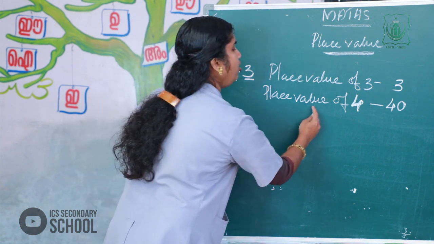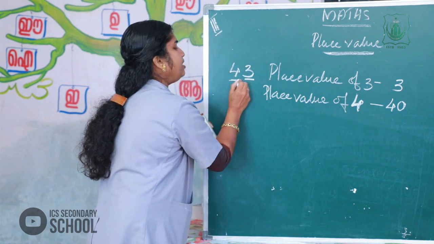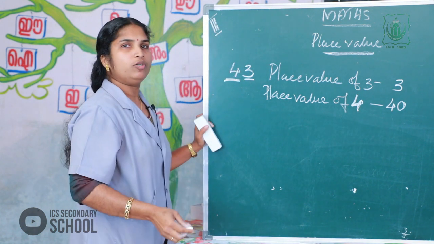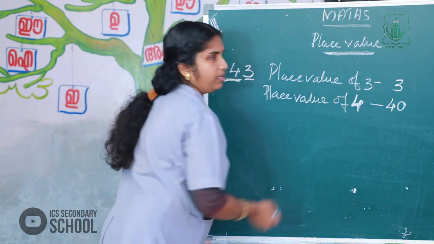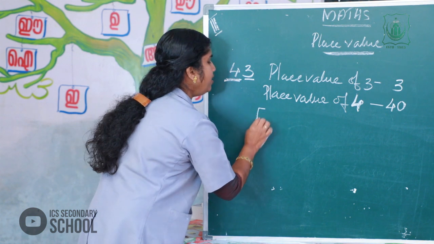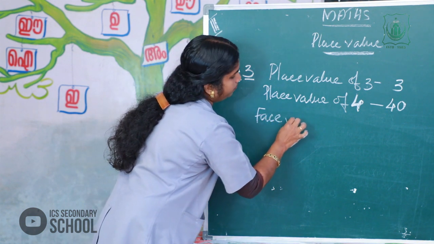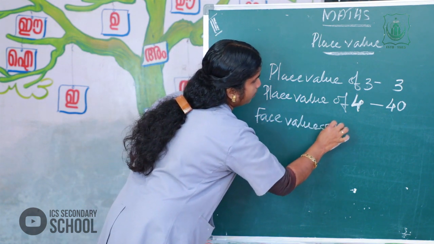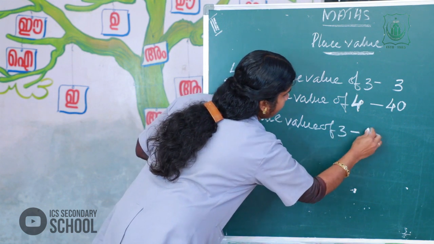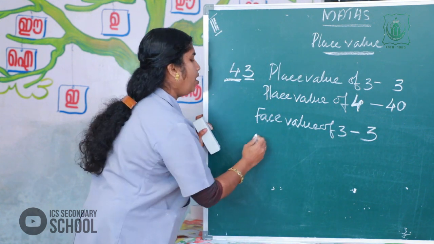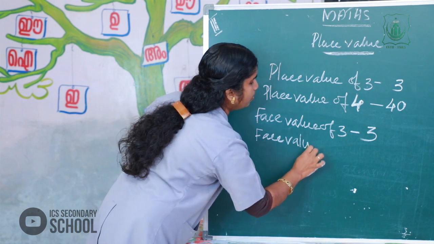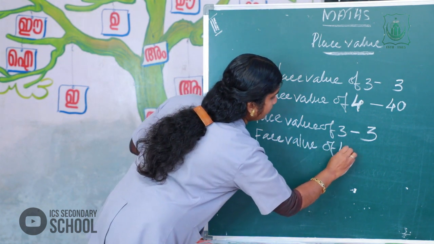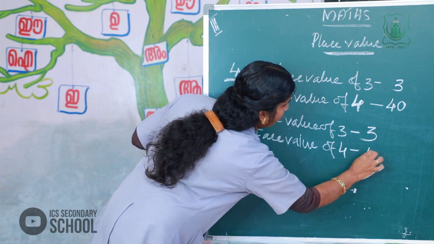Next, the place value of 3 is 3. The place value of 4 is in the 10 position, so the 10's 4 is equal to 40. The face value of 3 is 3. Again, the face value of 4 is 4.